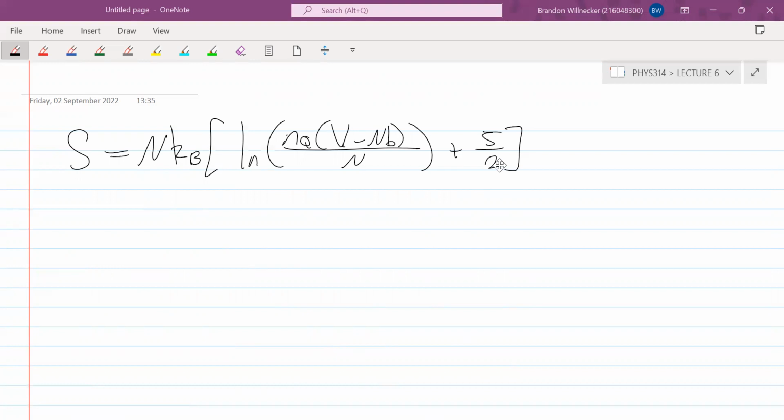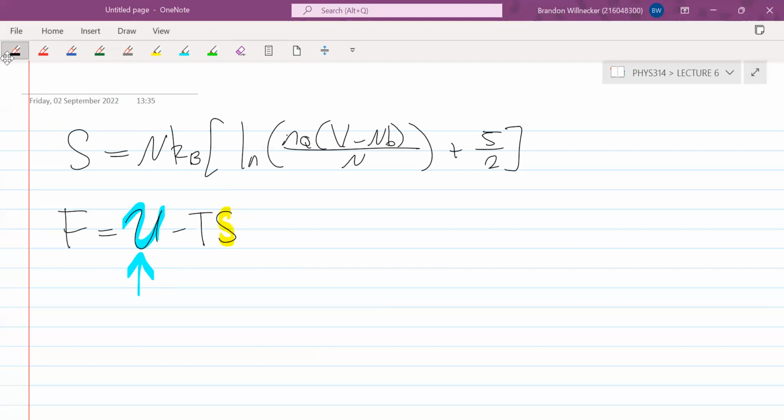The first thing that comes to my mind is the free energy. The free energy F is given by U minus TS. We know what S is, that's given. U we want to find. So this gives us some relationship between the two, and we can use that to find U, provided we can find F. That's not too bad.